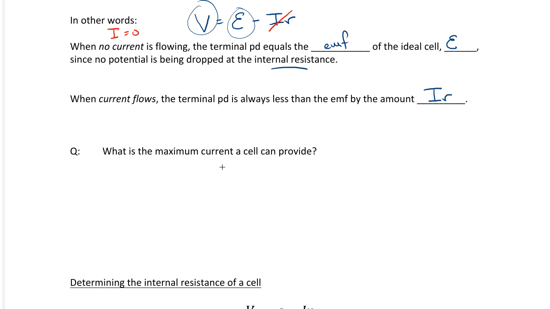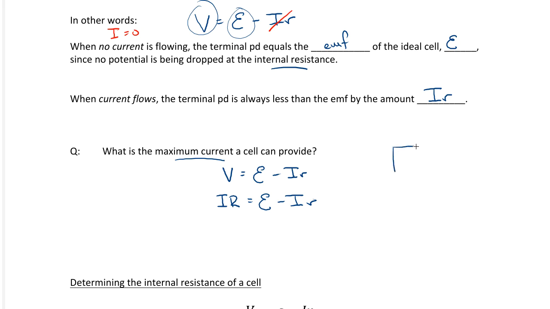It's also interesting to ask ourselves, what's the theoretical maximum current that a cell can provide? So if we start from this relationship, and we remember that this is our terminal potential difference, which is also equal to the current multiplied by the external resistance, then the maximum current that a cell can provide is in the case where it is short-circuited.